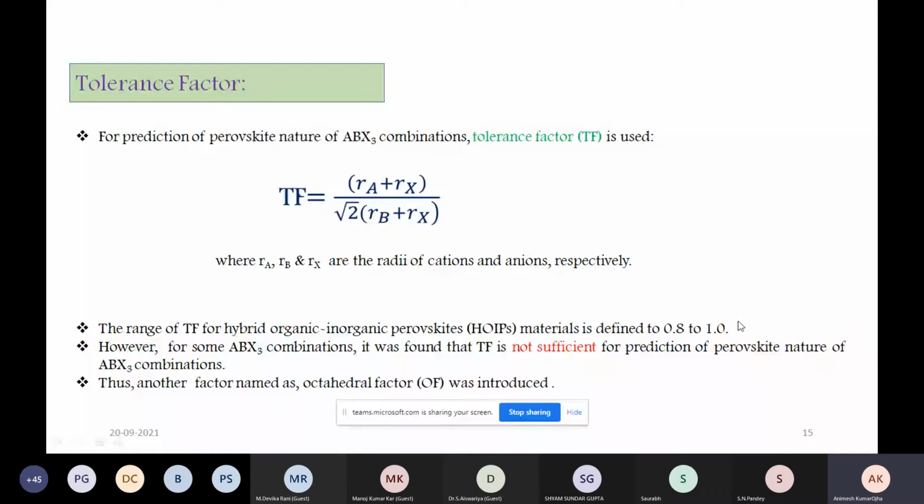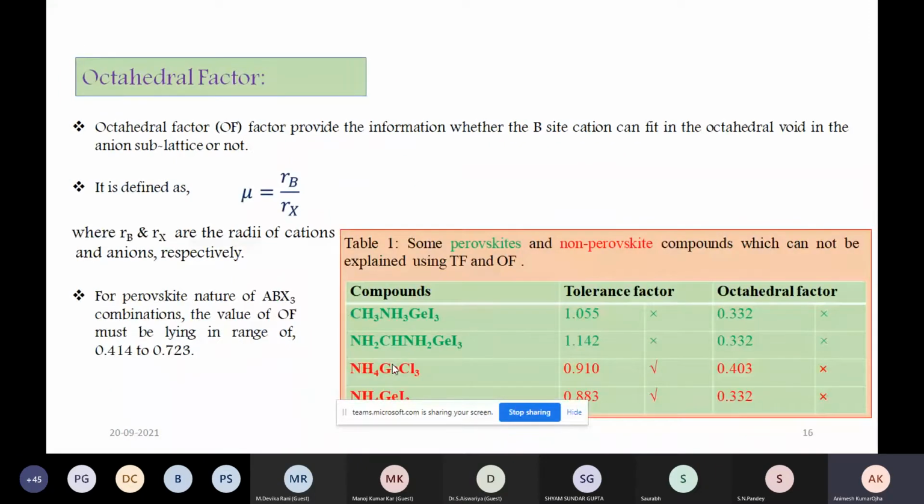However, this rule has certain limitations, and therefore another factor was introduced, called the octahedral factor. This factor was defined as the radius of the B cation over the radius of the anion, and if this value lies between 0.414 and 0.723, this means that the ABX3 compound will show a perovskite structure, otherwise not.